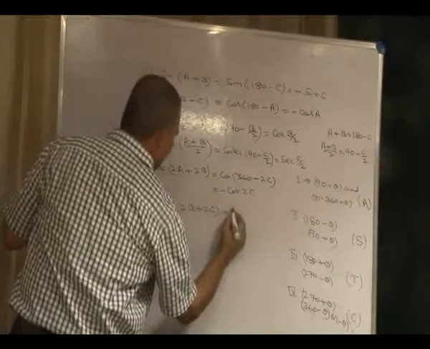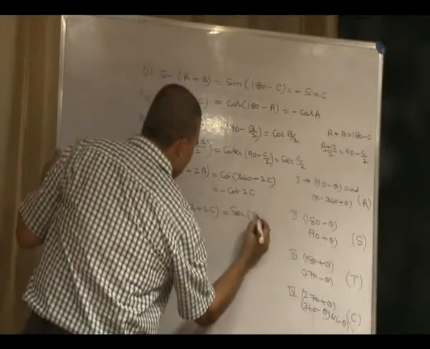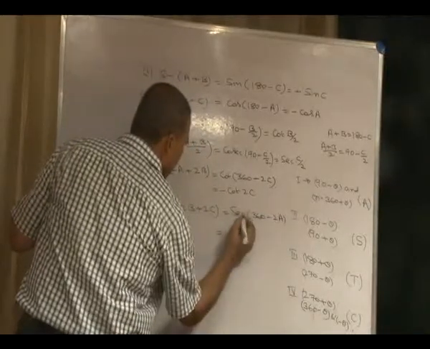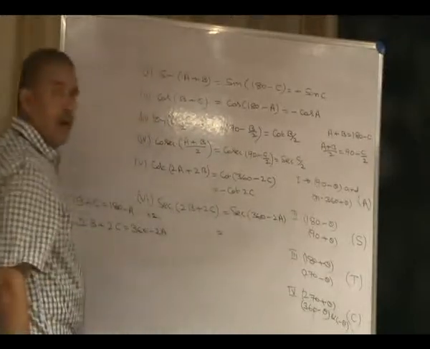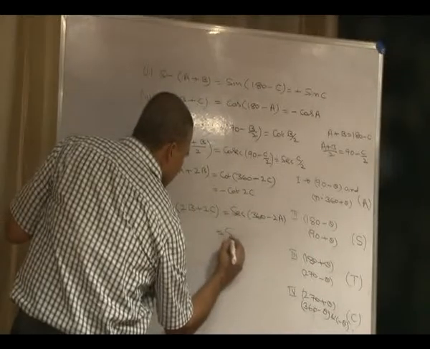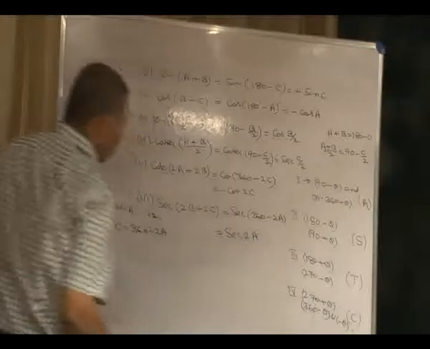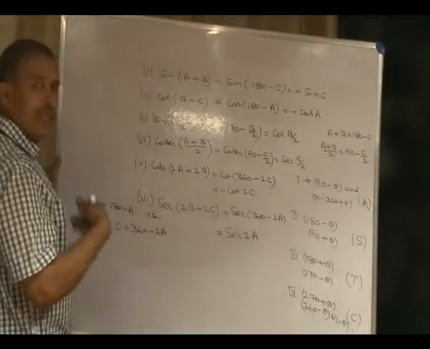That is, secant of (2B plus 2C) is secant of (360 minus 2A). This is in the form of 360 minus theta, which comes under the fourth quadrant. Secant is positive, and in 360 minus theta the same function. So secant of (2B plus 2C) is equal to secant 2A.